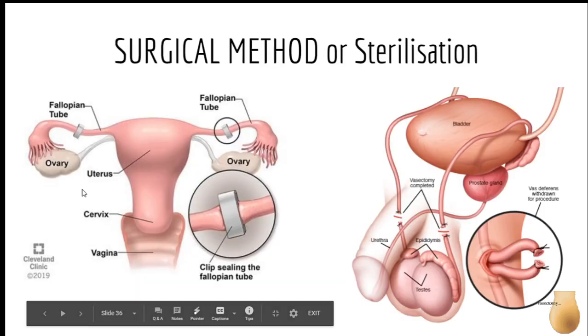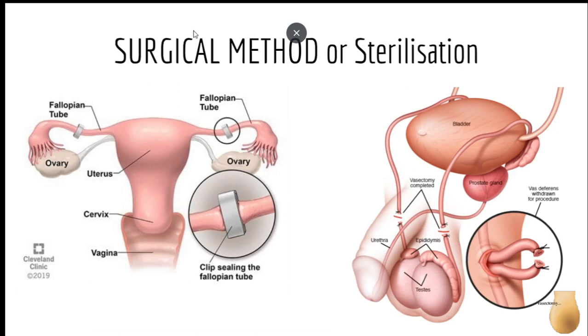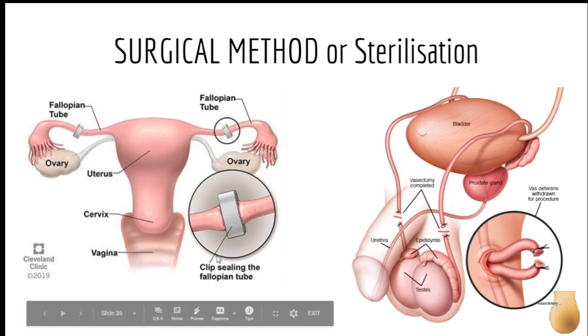Now, look at here. The name is surgical method or sterilization. Surgical method means, look at here, there are two pictures, and on your left side, you can see a certain surgery in which the fallopian tube has been cut and ligated or tied up. You can see a clip sealing the fallopian tube. So you know the surgery name.